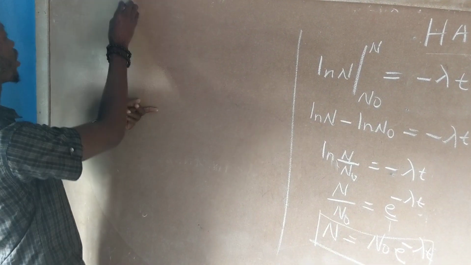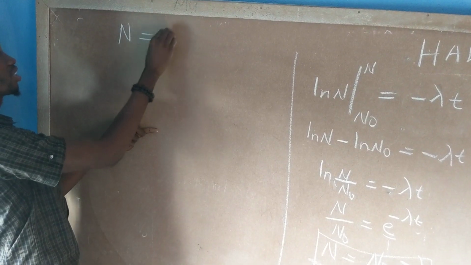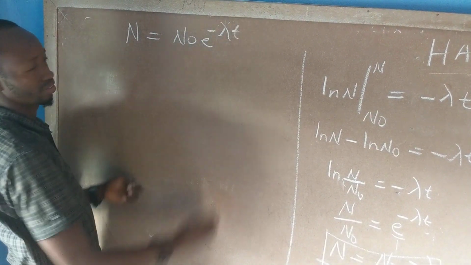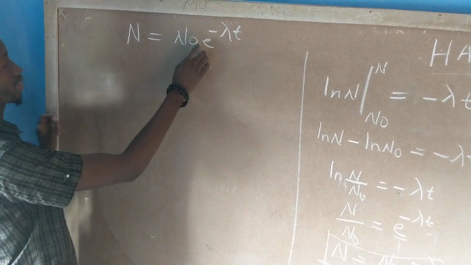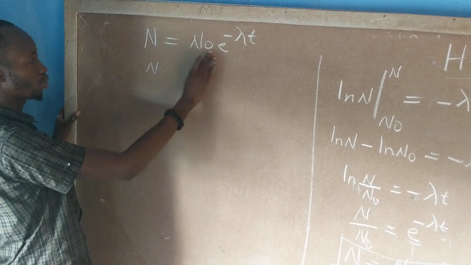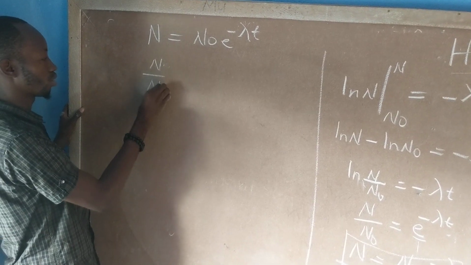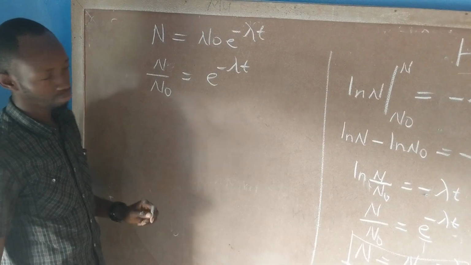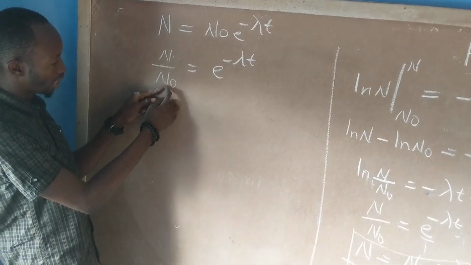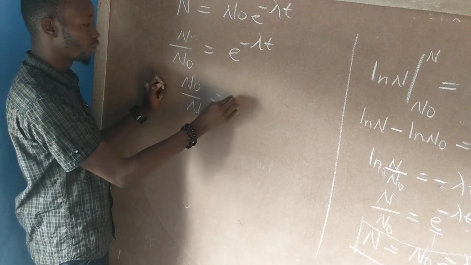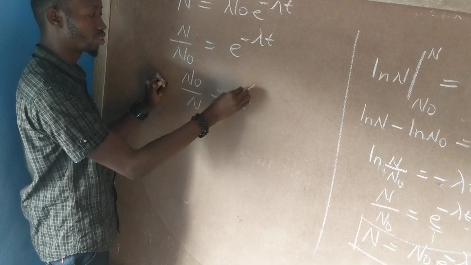So in this case, we recall again N equals N0 e to the power minus lambda t. Let's try to have another derivation. We have N, we divide both sides by N0, which gives N over N0 equals e to the power minus lambda t. Now if we reciprocate, if N0 moves up and N comes down, we say N0 all over N. This will maintain constant, but the negative sign will disappear.